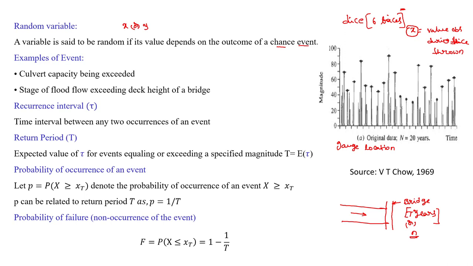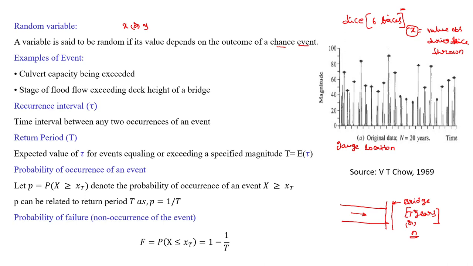Its values depend upon the outcome of a chance event, for example tossing a coin, whether observing head or tail, or throwing the dice and observing the number. When you toss three coins, the number of heads can also be denoted with a random variable. This is the general example.